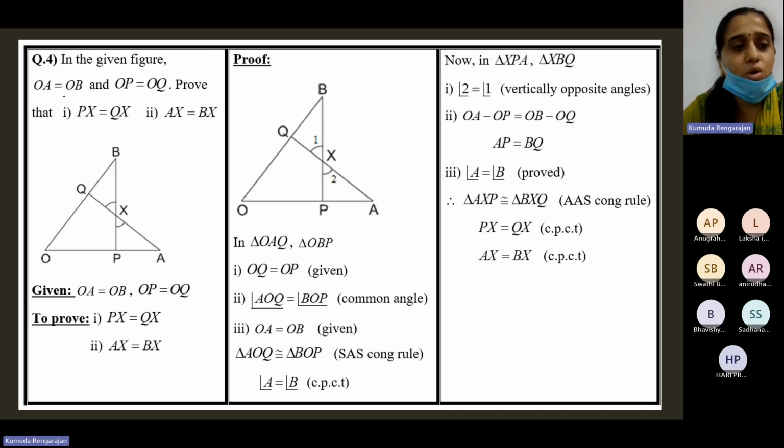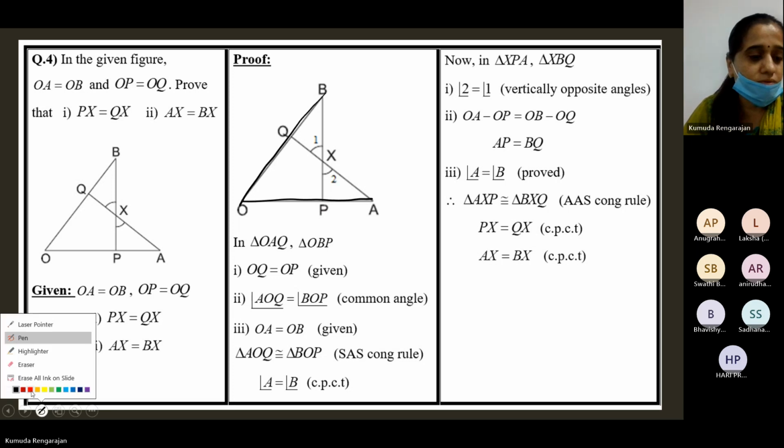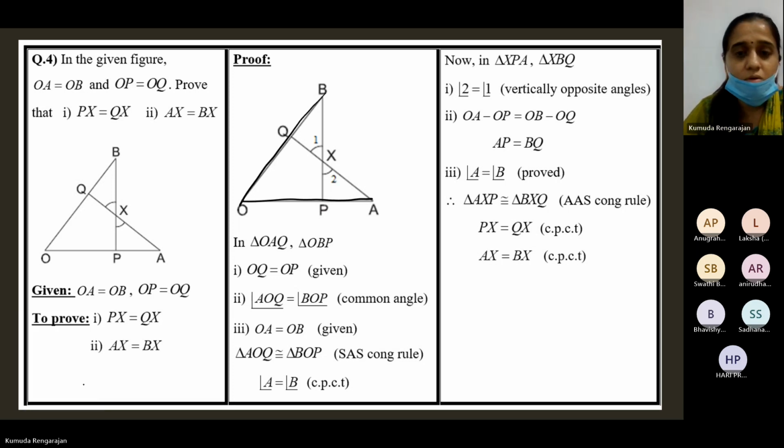So in the given figure, OA is equal to OB. OP is equal to OQ.